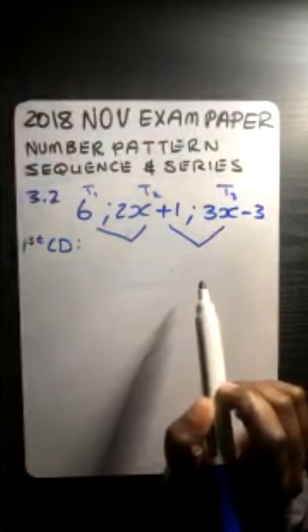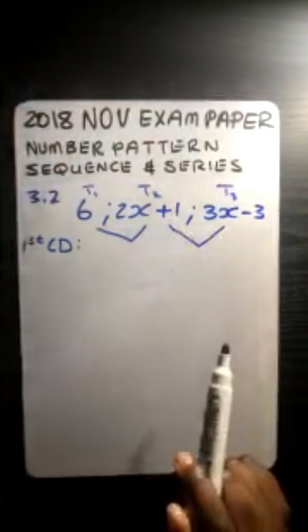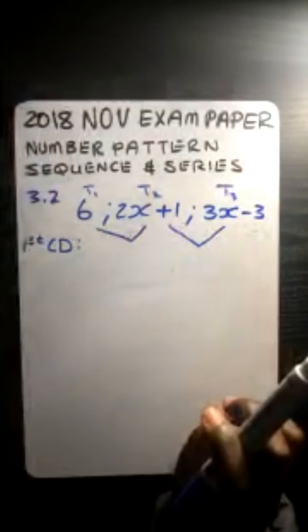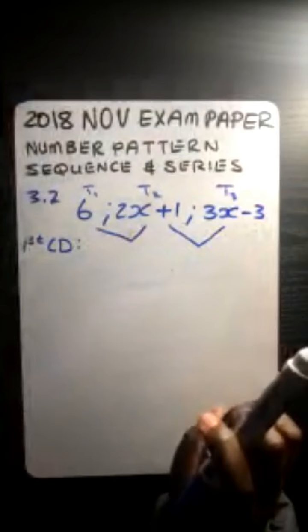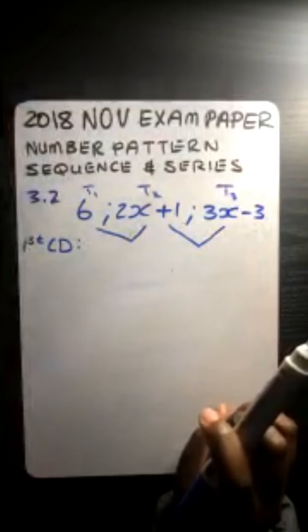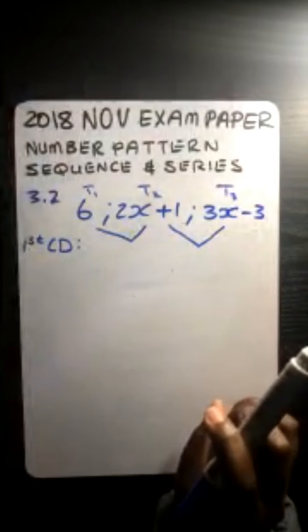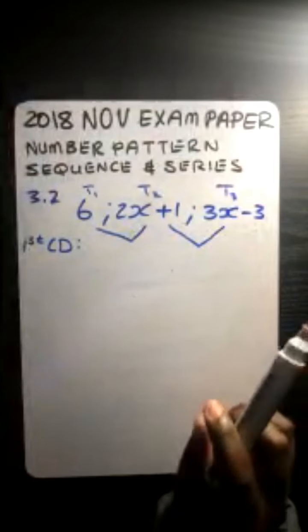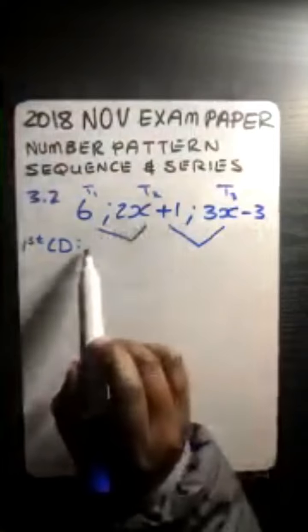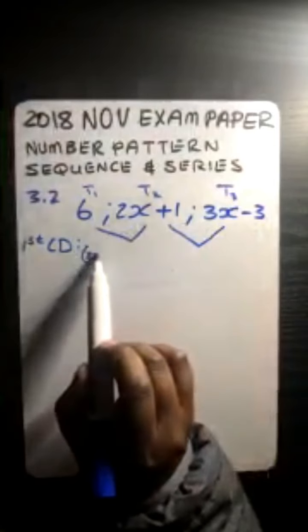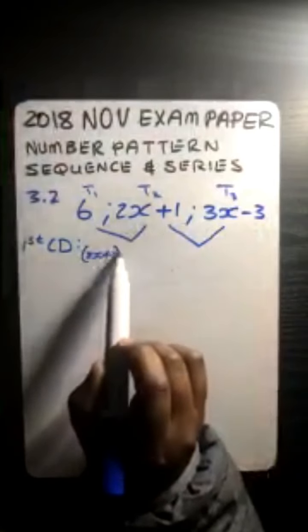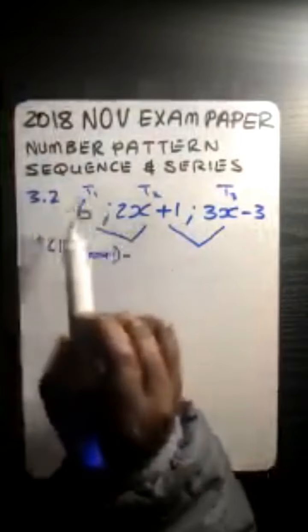Before you even try to answer the question, let's work it out at a normal pace, so that when we start answering the question, we won't do things incorrectly. So that means we are having 2x plus 1 minus term 1 being 6.